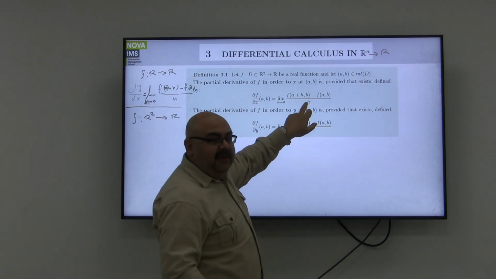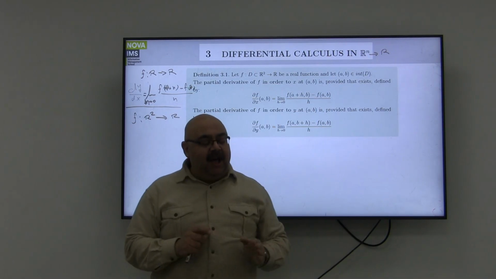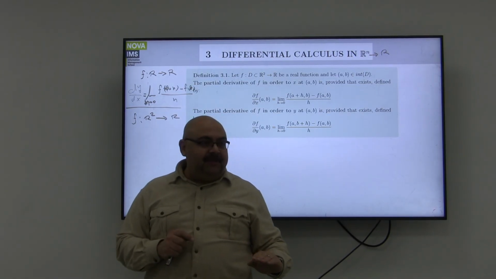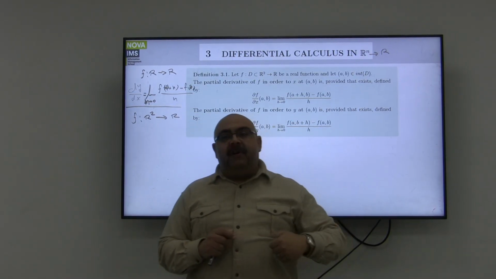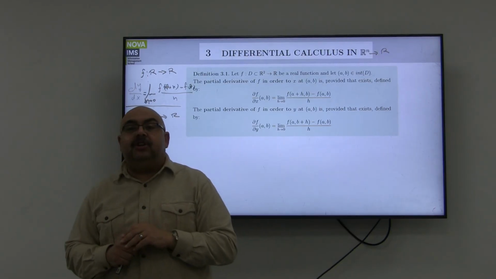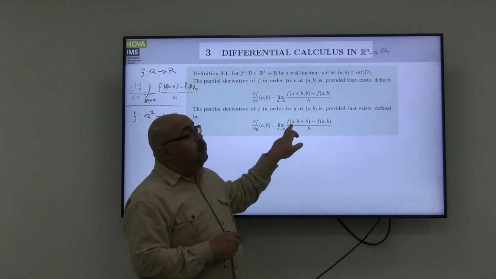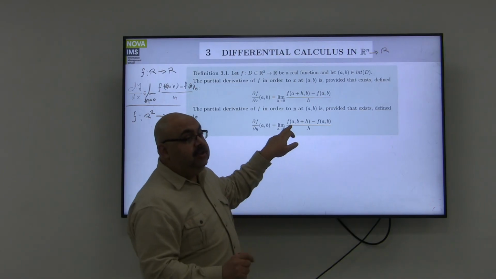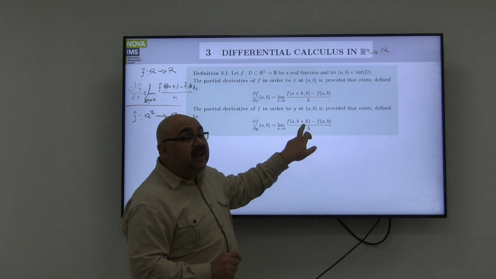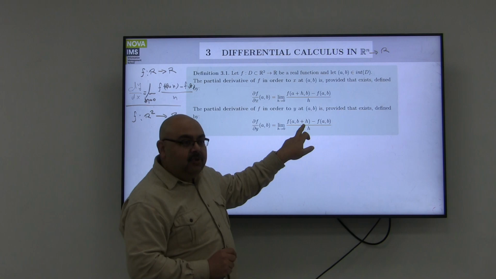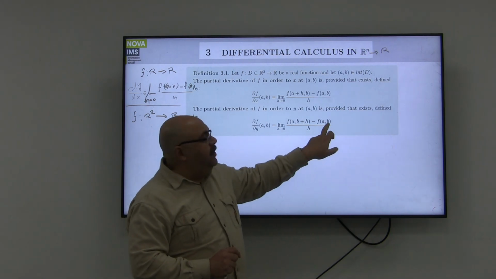This is in the direction of x. If you notice, I added the increment h in the x direction. If I'm taking a derivative in the y direction, I will do exactly the same. a will be constant, but the change this time will be in the second component, y. So it's going to be b plus h, while this is b.